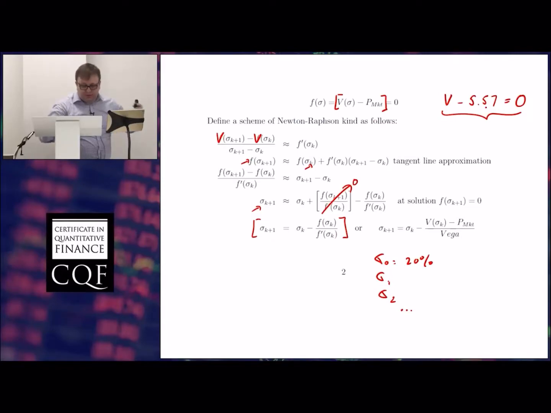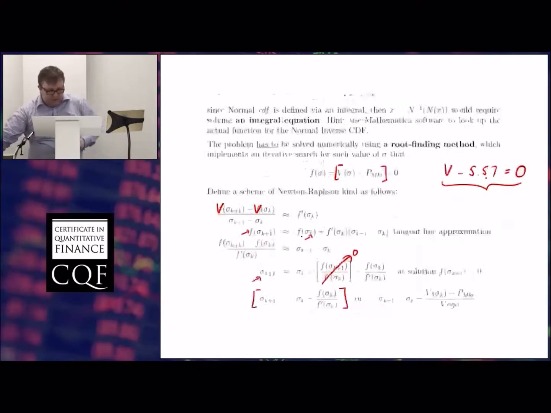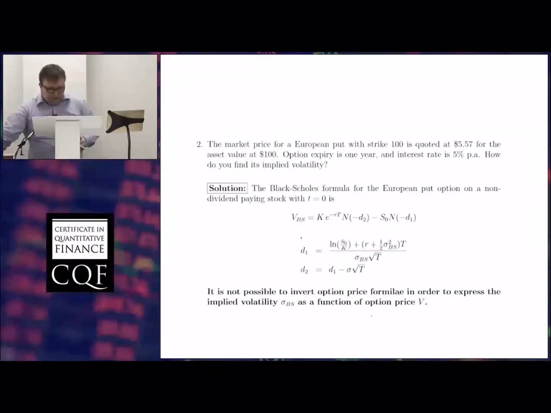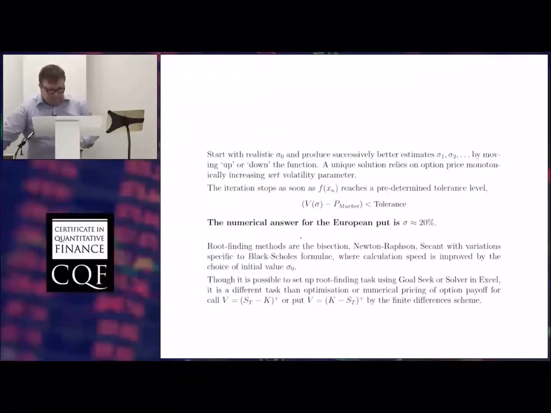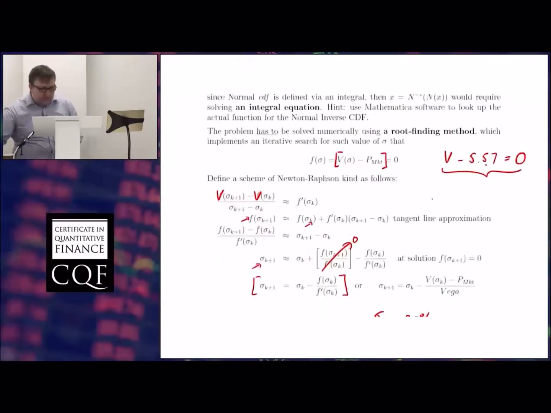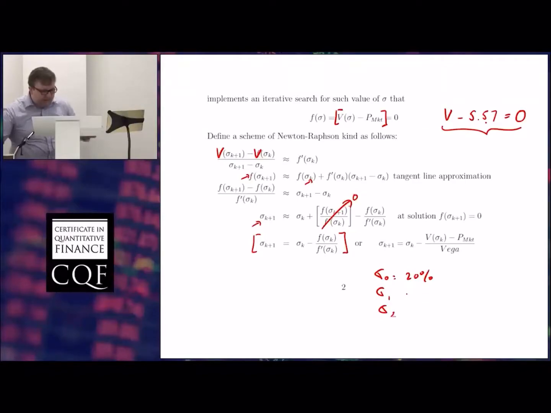Then you put that sigma in the scheme and keep computing. Finally you arrive at the correct answer for this option, which was roughly 20%. It's all subject to the tolerance. If you start with a guess at 15, you keep computing it.